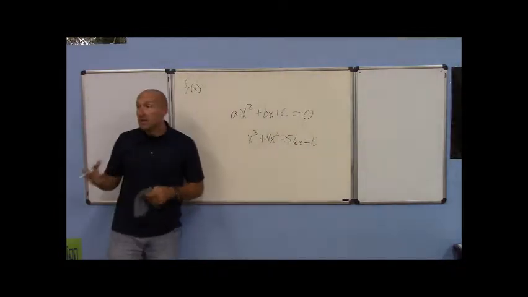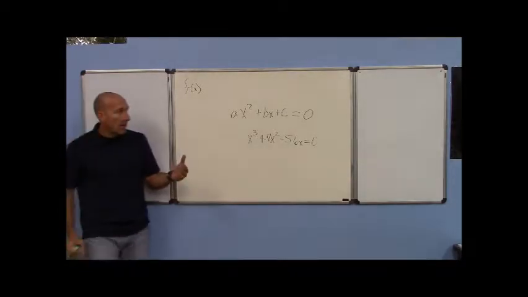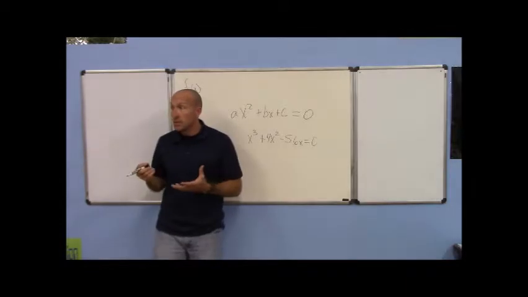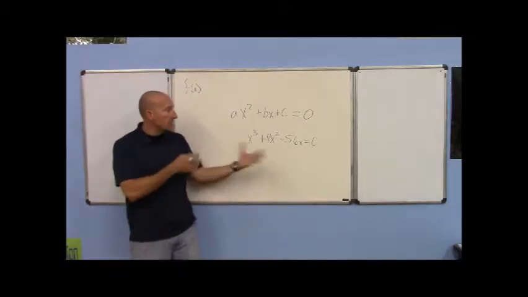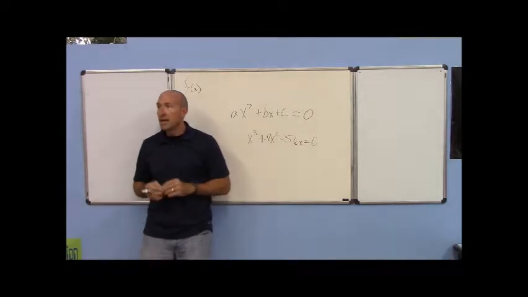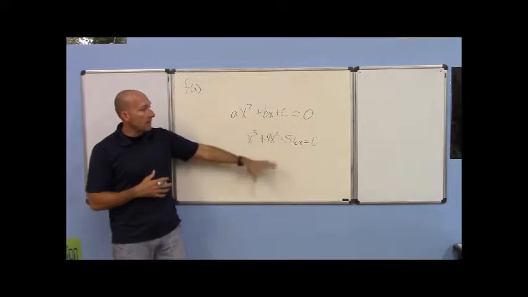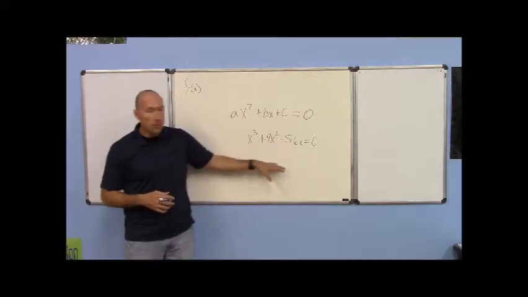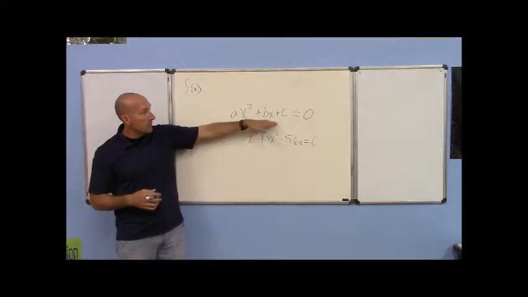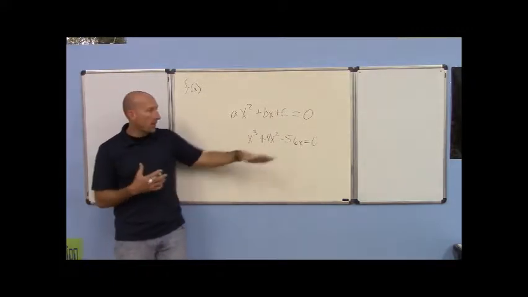We saw this on our last test, and it brought up some good discussion. Well, this can't be a quadratic equation because the highest degree term is 3, and the definition says it must be 2. Well, just like we renamed that statement to put it into standard form, we can do the same thing here.